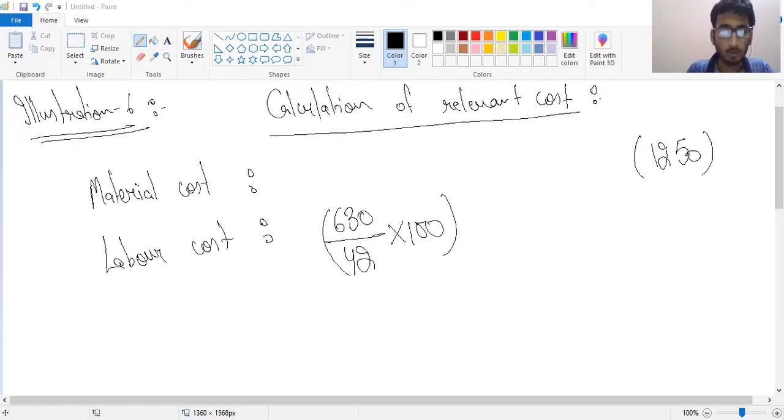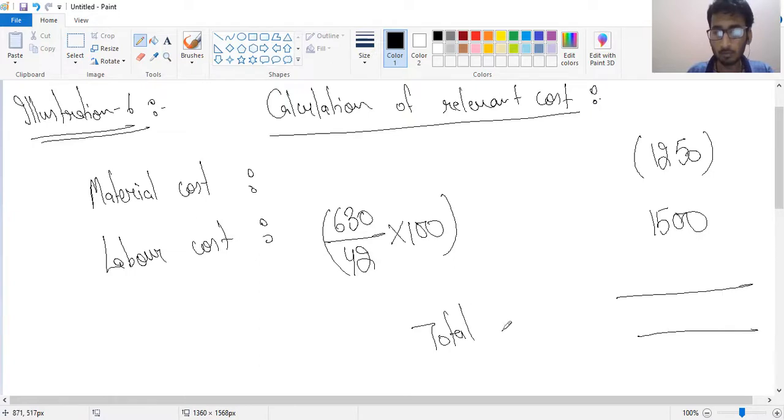Just calculate it once. 630 divided by 42 multiplied by 100 gives 1500. So 1500 would be my relevant cost of labor. So what would be my total relevant cost? 250 rupees. This is the answer.